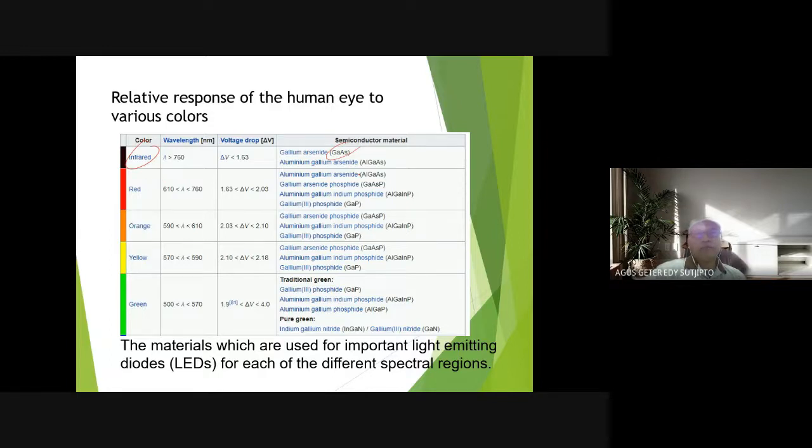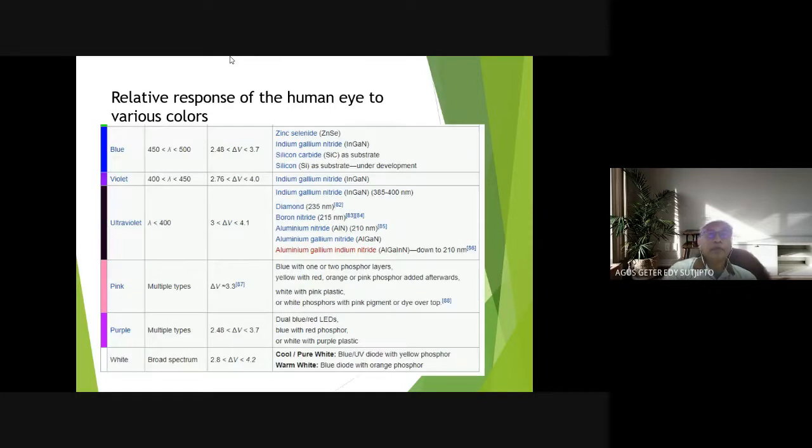For red, we have aluminum gallium arsenide, which produces red, orange, yellow. These are semiconductors that can produce different wavelengths of photons characterized by color. For blue, violet, ultraviolet, zinc selenide can produce blue.